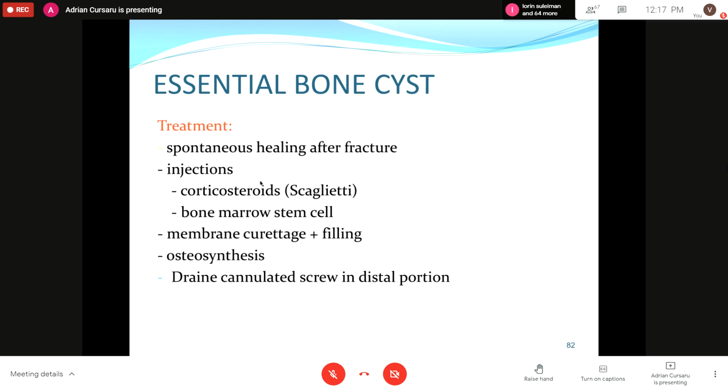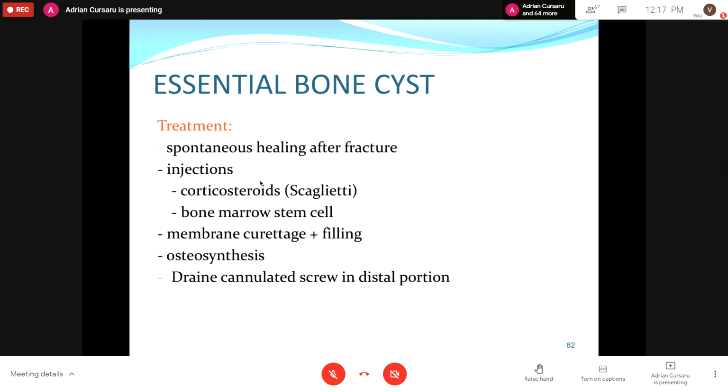What's the correct treatment? Spontaneous healing after fracture. It is very important that this type of bone tumor is a benign one, and if a fracture appears, the liquid drains from the tumor, and then spontaneous healing could appear after the fracture.